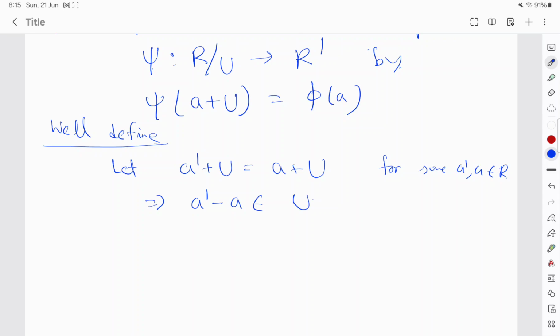Because you know earlier, if you have a plus u equal to b plus u, then you can write a minus b belongs to u.